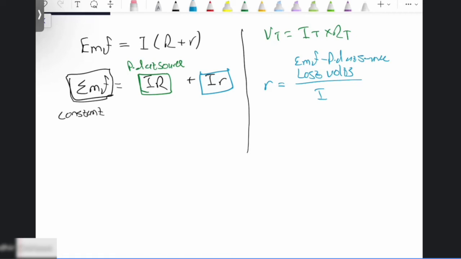So here, division becomes multiplication. I times r is equal to lost volts. That's our lost volts here.